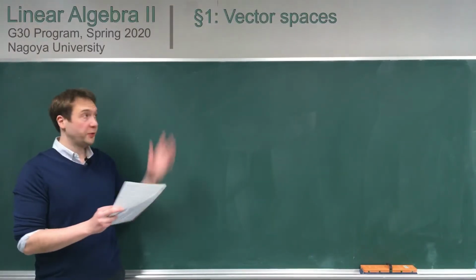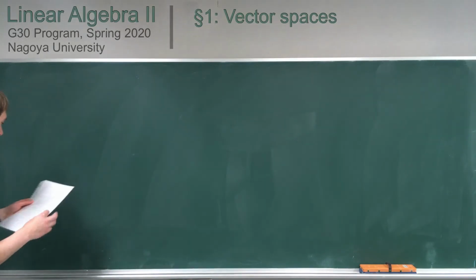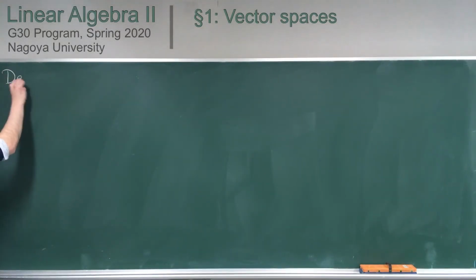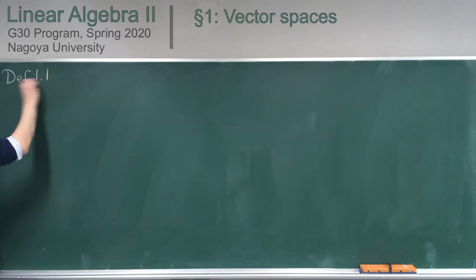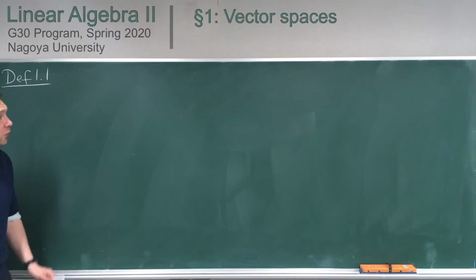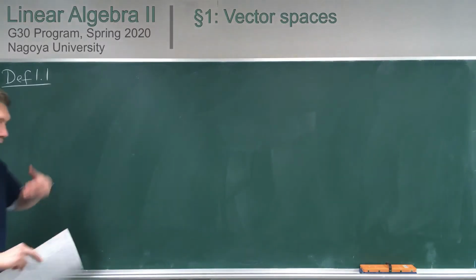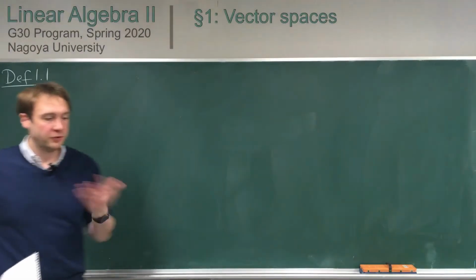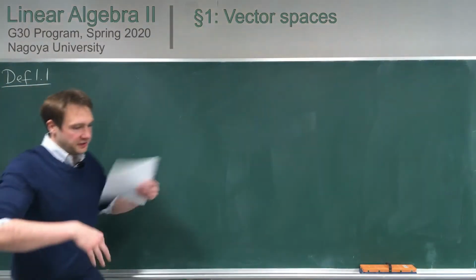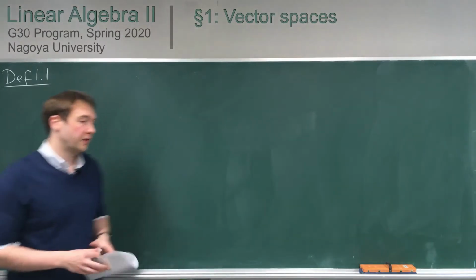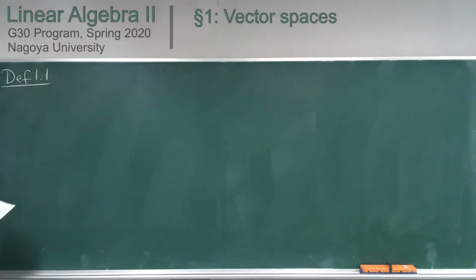Okay, so let's start with chapter 1, vector spaces. And we directly start with the definition. So definition 1.1, the definition of a vector space. And what we want to define is if we have a set and we have some addition and scalar multiplication such that they satisfy the same rules as we have for vectors, then we call this set a vector space.